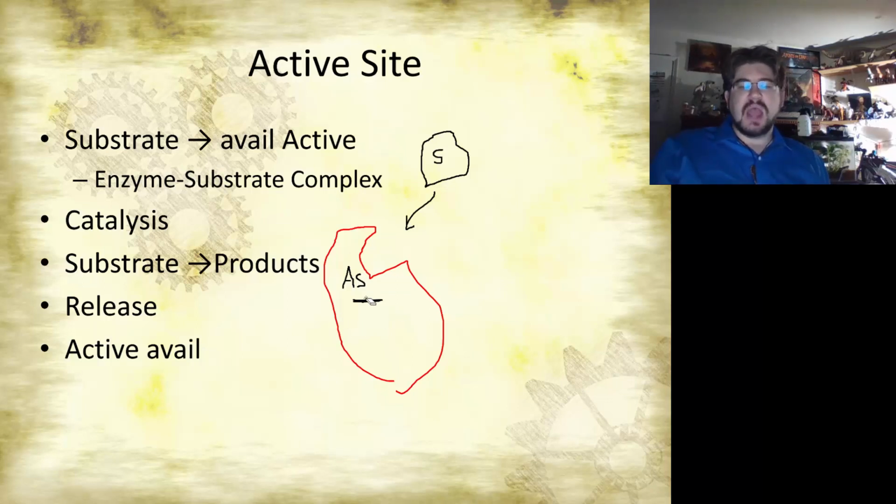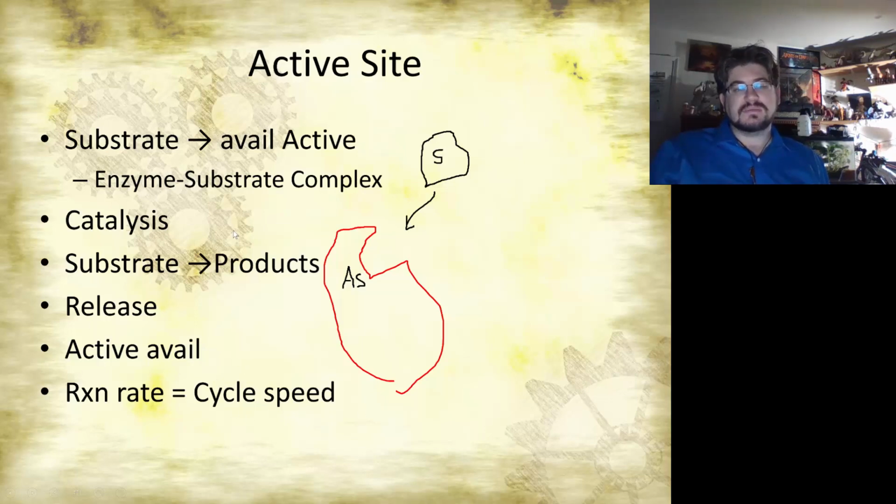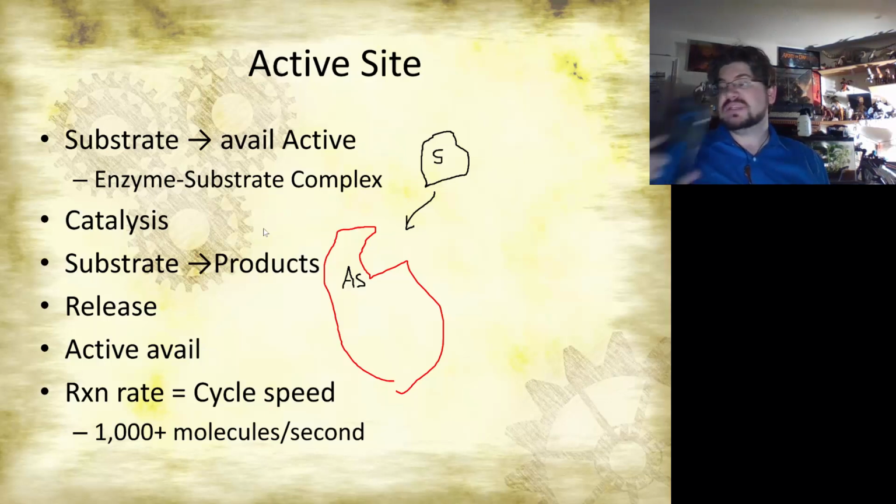An enzyme not being destroyed, not being altered, not being consumed means that as long as it's present and as long as the substrate is present, we can keep the reaction going all night. So the cycle, the reaction rate, how often the reaction occurs, is based on how quickly this cycle occurs. So that's not too terrible. Most enzymes can catalyze 1,000 or more molecules per second.